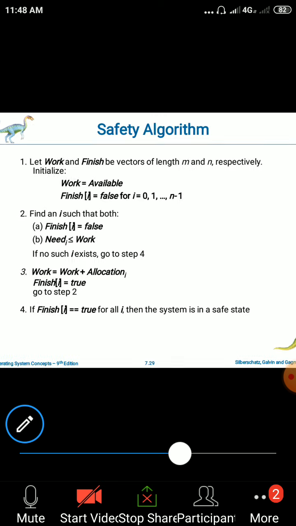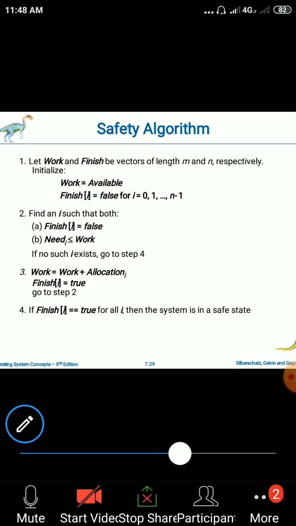Now the first step, initialization, is over: work is equal to available and finish of i is equal to false. Next we find an i such that both finish of i is equal to false and need of i is less than or equal to work.